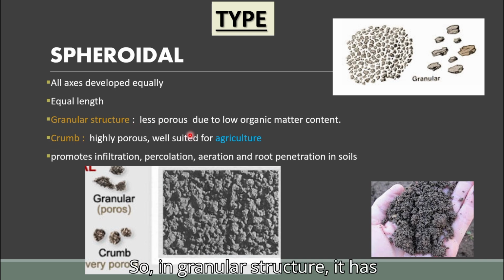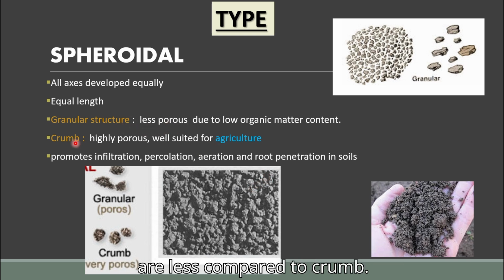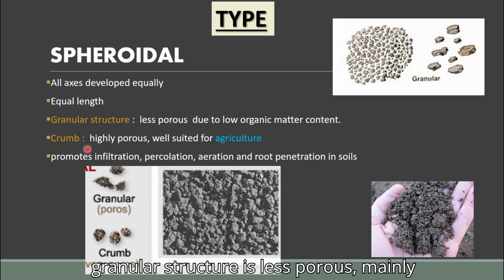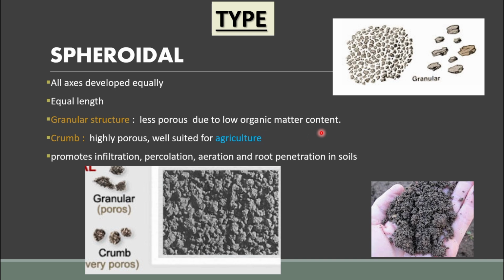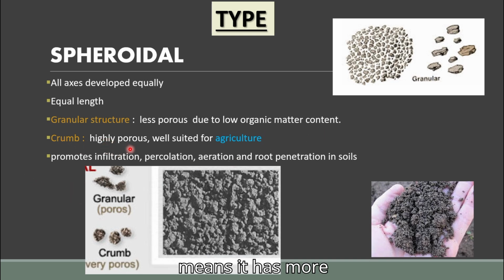Granular structure is less porous, meaning its pores are fewer compared to crumb. Actually, all have high porosity, but compared to crumb, granular is less porous, mainly because of low organic matter content. While crumb is highly porous, that means it has more porosity.